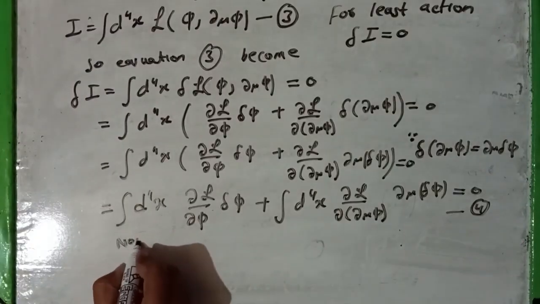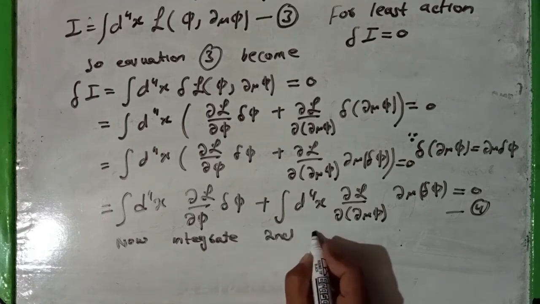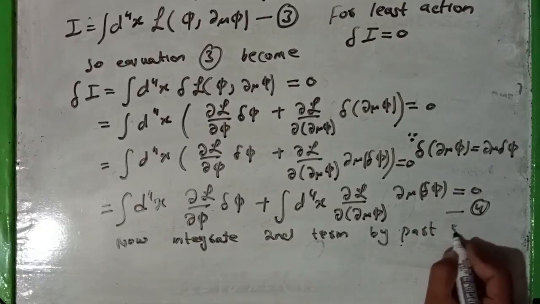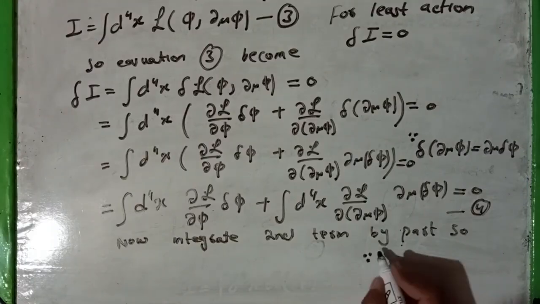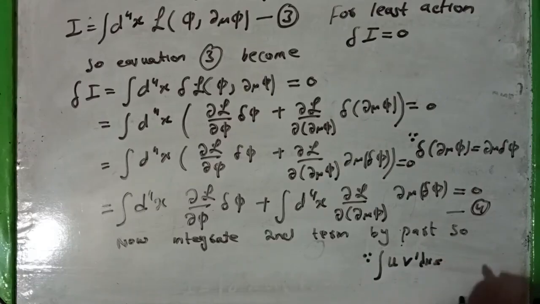Now integrate the second term by parts. Since integration by parts is the integral of u v' dx, if we consider v' as the first function and u as the second function, this becomes v u minus the integral of v u' dx.